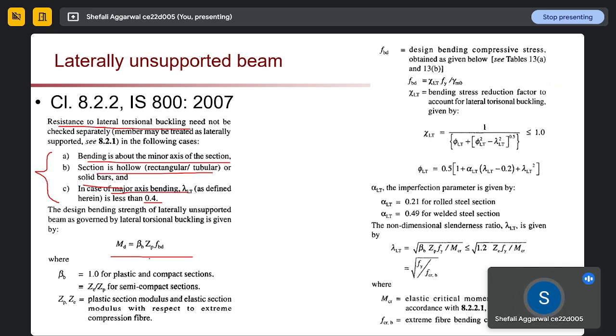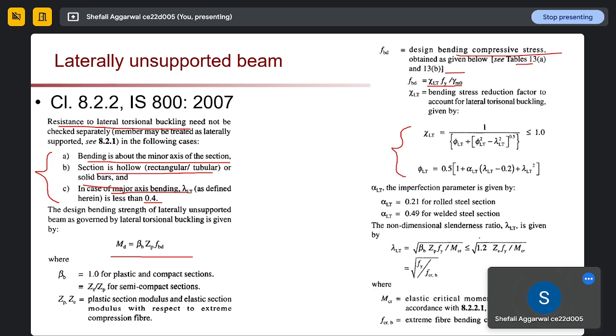And FBD is the bending compressive stress, which can be obtained from Table 13A or 13B. This is the formula we use for bending stress: chi LT Fy upon gamma m. Chi LT is the reduction factor, and these are the different formulas for our reduction factors. All these formulas are given in IS 800, so you can follow IS 800 for the same purpose.